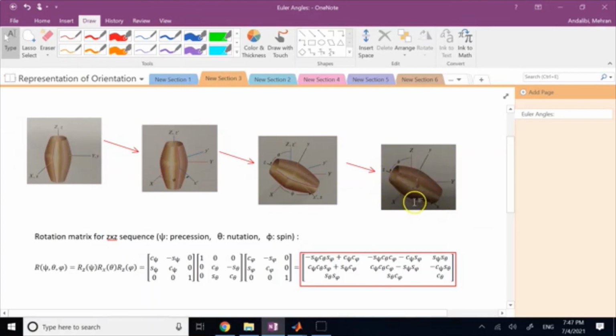So whatever it is, do not decompose it along this capital X, capital Y, and capital Z. Express it in terms of this rotated X, rotated Y, and rotated Z. And how do you go from the cap to the small? Through these three angles, psi, theta, and phi, the three Euler angles, which we call precession, nutation, and spin.